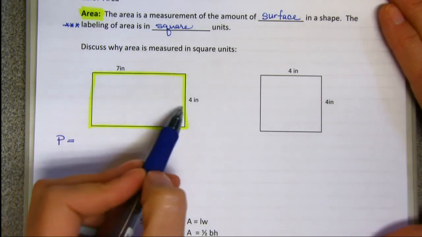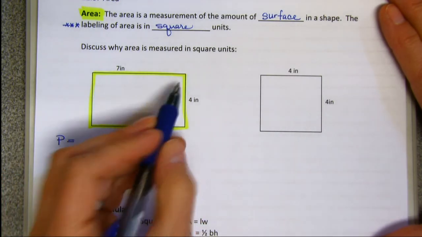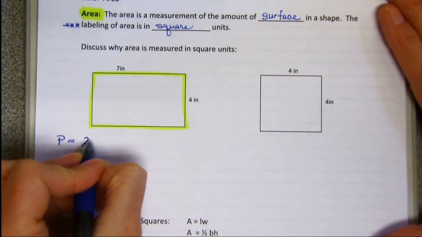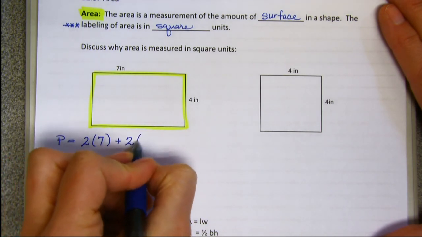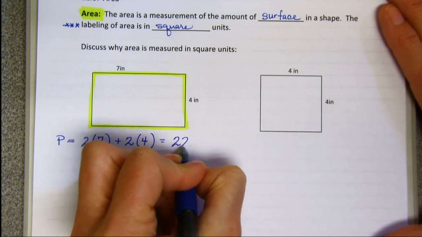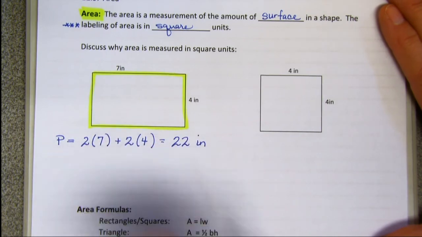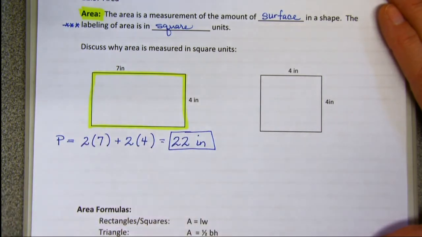Don't just add 7 plus 4. You have 4 sides, so you have 7 plus 4 plus 7 plus 4, or 2 sides that are 7 inches plus 2 sides that are 4 inches. So it is 22 inches around this rectangle.